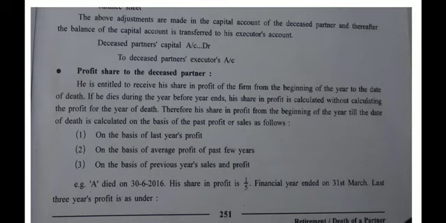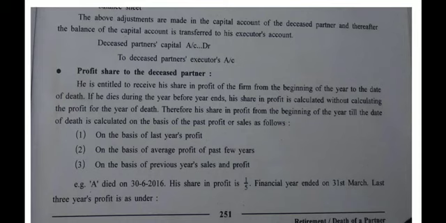They have presented 3 points for this calculation. First, on the basis of last year's profit. Then, on the basis of average profit of past few years. Third, on the basis of previous year's sales and profit. There are 3 options available.